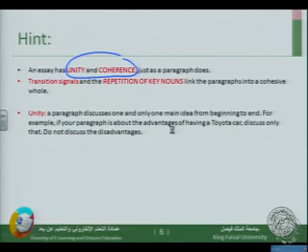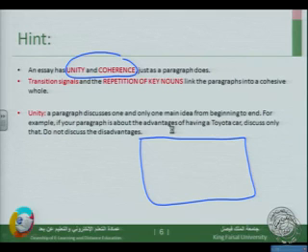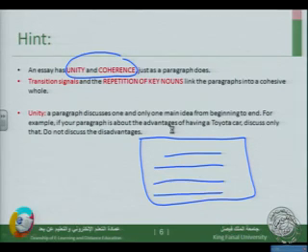Unity means a paragraph discusses one main idea from beginning to end. For example, if you have this paragraph, to have unity, you need to talk about, for example, the advantages of having a Toyota car in this one paragraph.